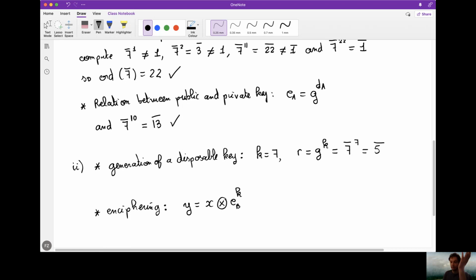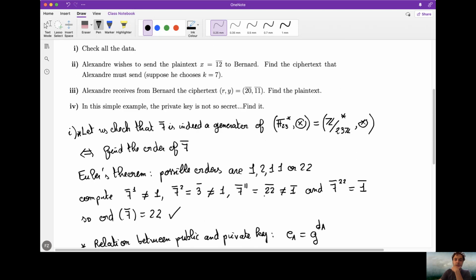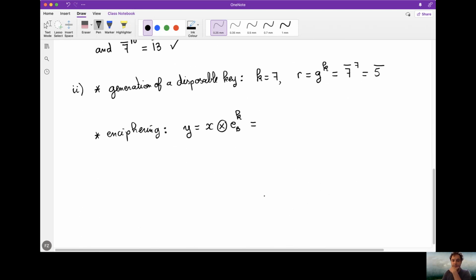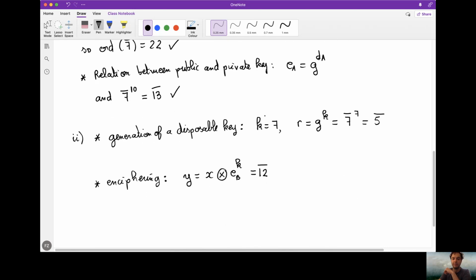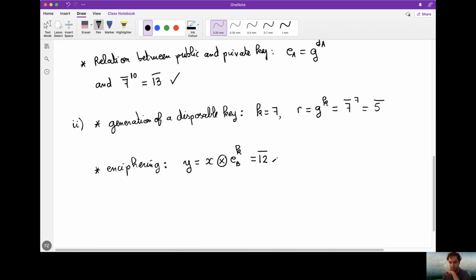If we're sending to Bernard, remember that we have to use the enciphering key of Bernard, right? Okay, so we just now need to make the computation, knowing that x is 12 here, and that the enciphering key of Bernard is 15, and k is 7. So you just need to make this computation, modulo 23, and if you make the computation, you'll see that you find 17.